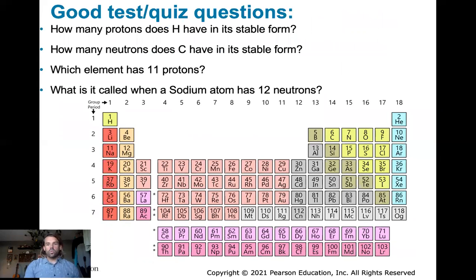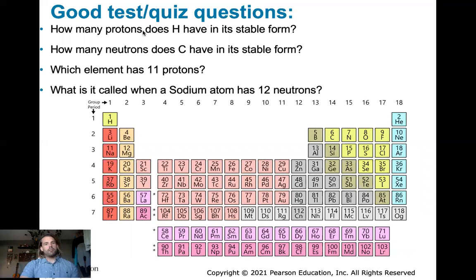With the periodic table, you can actually understand a lot about the ionic or isotopic variances that an atom of a particular element can take. By that I mean, you can answer questions like these here. And I expect you to be able to do this for this class. This is as deep as we'll go into the periodic table, but these are basics, right?